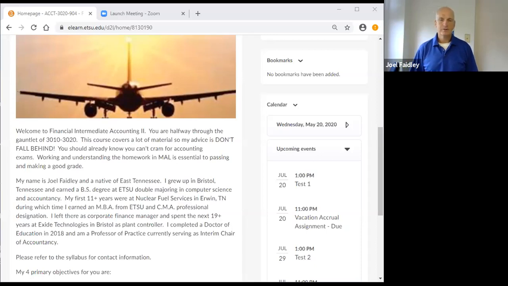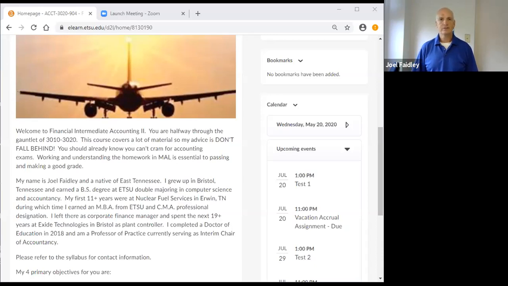After NFS, I went to ACCT Technologies in Bristol, a battery manufacturer, where I was the plant controller for going on 20 years. And after that, began teaching here full-time in 2014. I taught adjunct for a number of years when I was at Nuclear Fuel as well as at Exide at Northeast State, Milligan, and primarily here at ETSU.